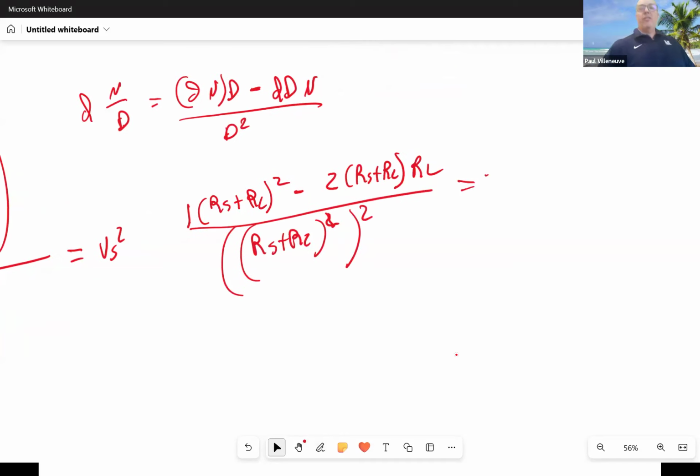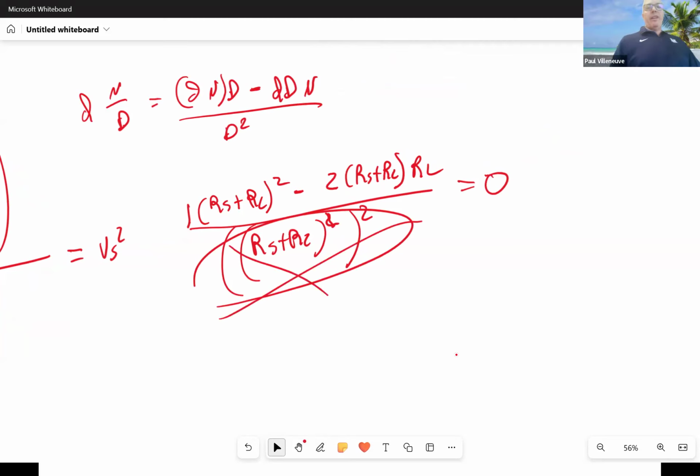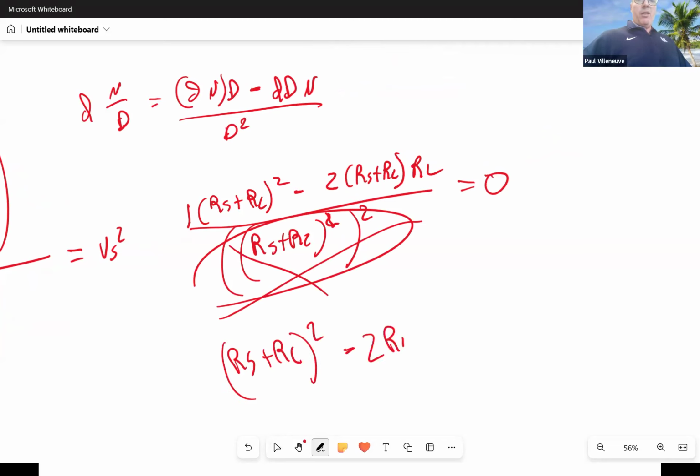And that equals 0. But since it's equal to 0, I multiply both sides by this crazy denominator, and then that goes away. So what I'm left with is RS plus RL squared minus 2RSRL minus 2RL squared, and that equals 0.